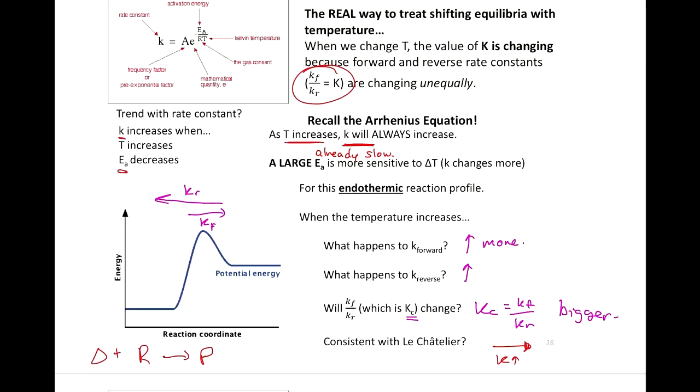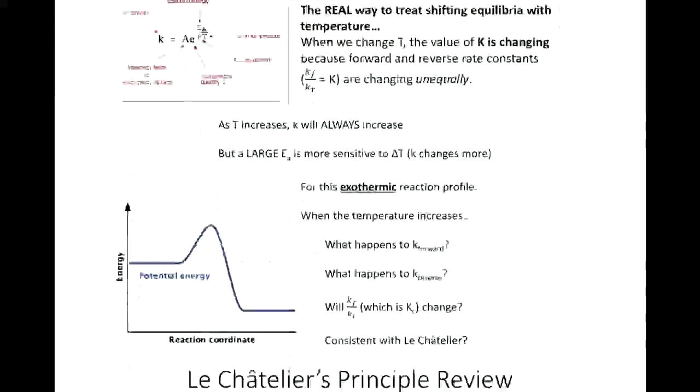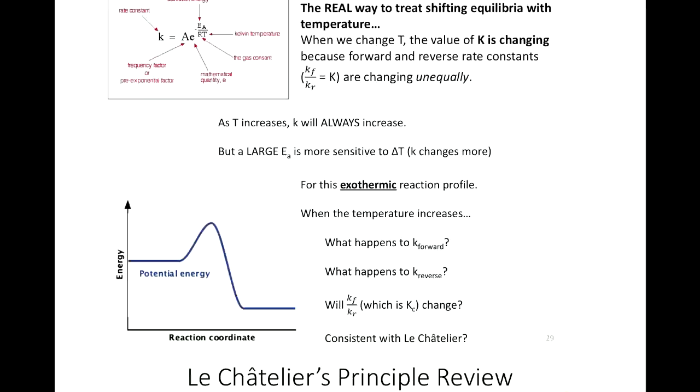It shifts to the product side. K is getting bigger. So let's do it the same way, but for an exothermic reaction. It's the exact same thing, but this time in an exothermic reaction, reactants to products, triangle is a product. So if you heat up an exothermic reaction, what is predicted to happen to the equilibrium?